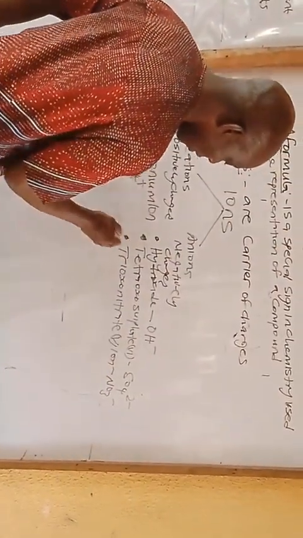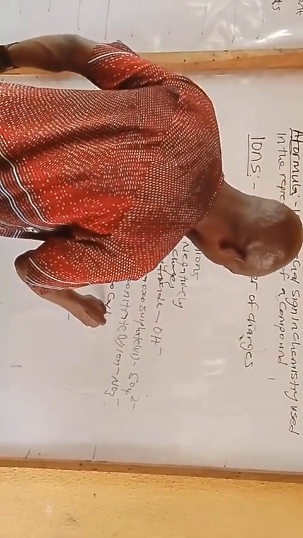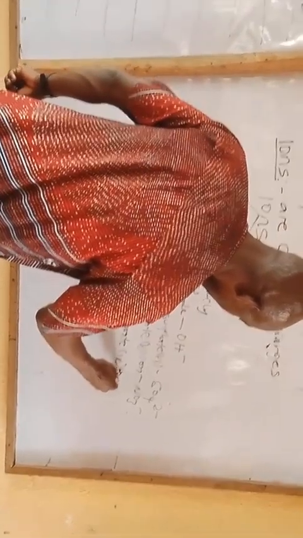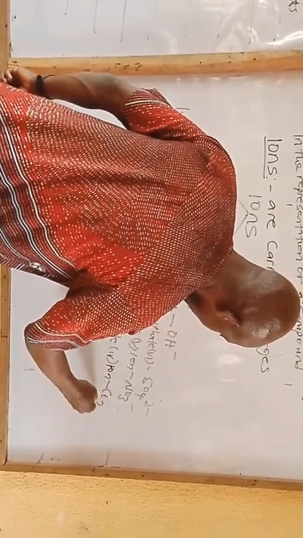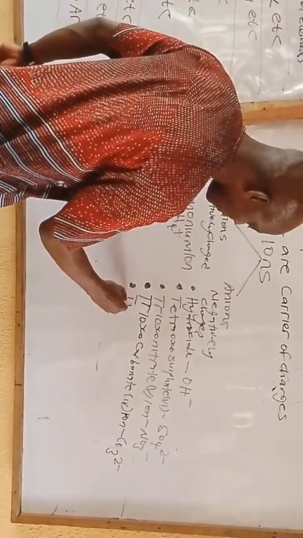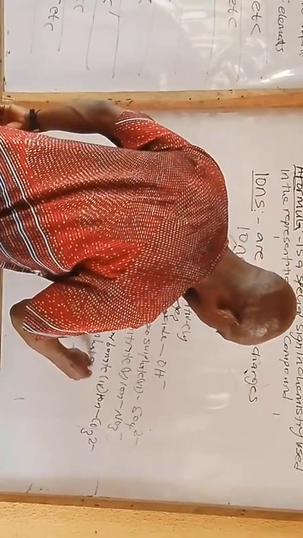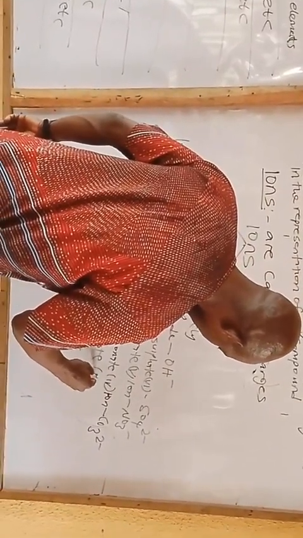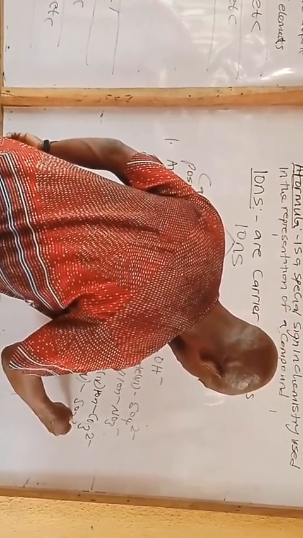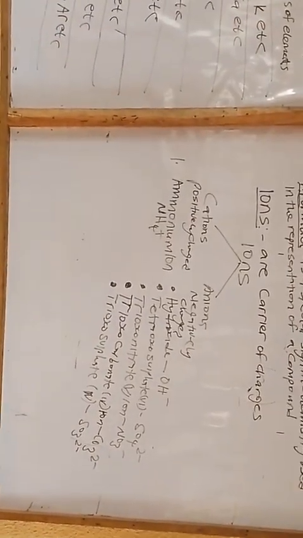For trioxocarbonate 4, the carbonate ion, the valency is also 2, CO3 2 minus. For trioxosulfate 4, that is SO3 2 minus, the valency is 2, and so on and so forth.